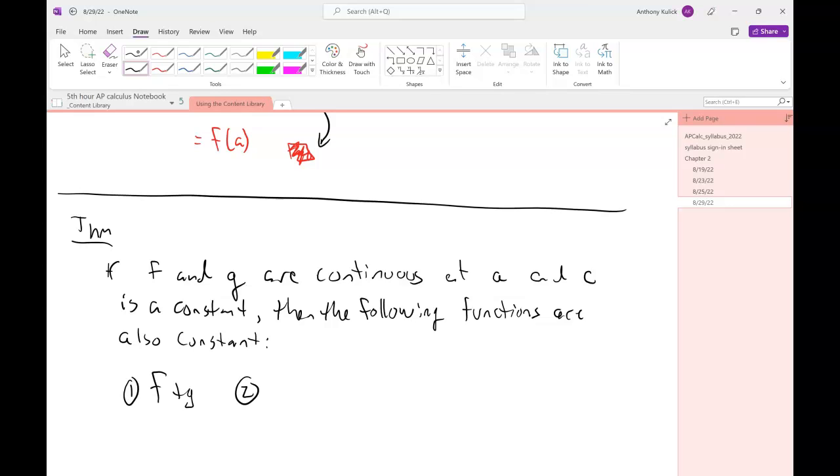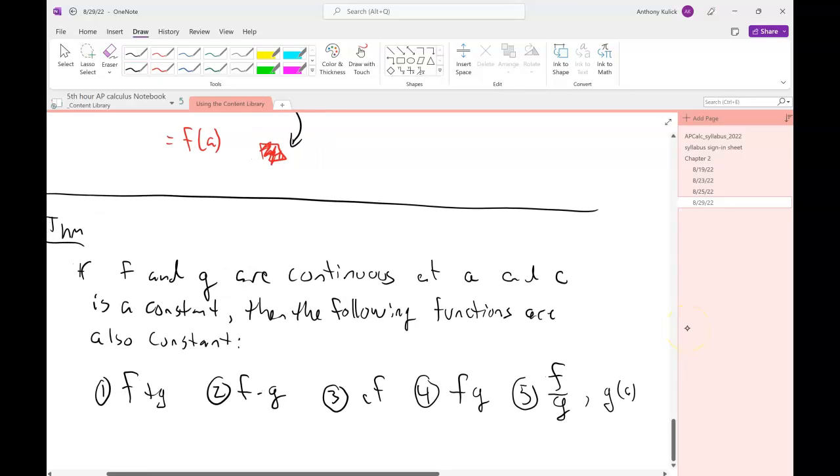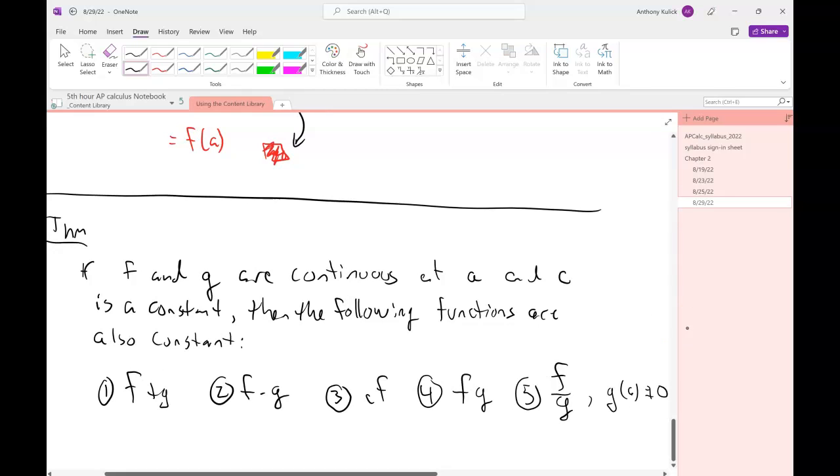So this theorem right here is quite useful. It says that if f and g are continuous at a and c is a constant, then f plus g, the sum of two continuous functions, is continuous.